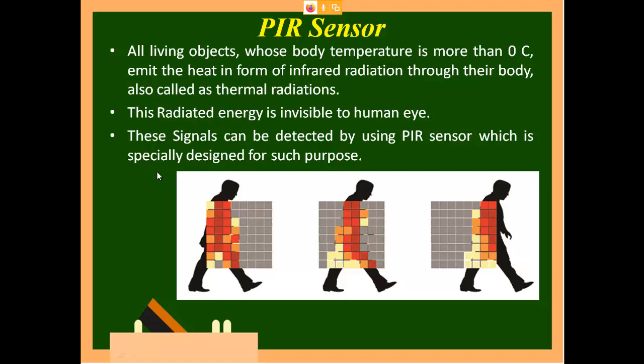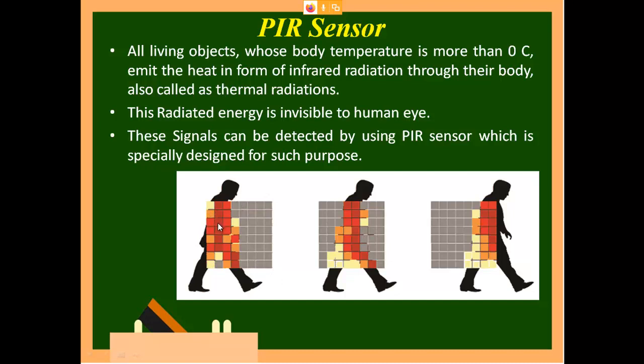Now you can visualize, the dotted box indicates my range, the range where the infrared is read, beyond which it is not read. See, 1 2 3 4 5 6 7 8, so it is an 8 by 8 matrix. So at that location alone I can see whether there is any change in temperature.